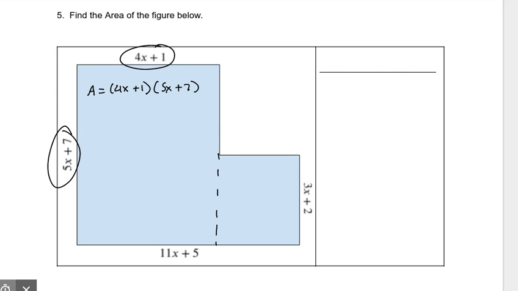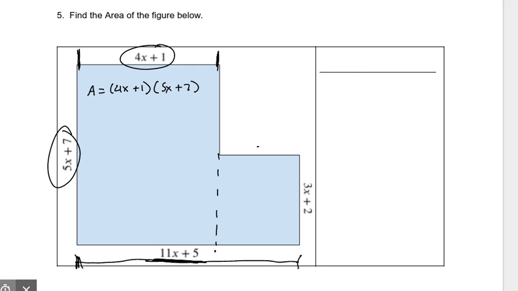The smaller rectangle that I made, I have one of the sides, but I'm unsure what that one is. So I'm actually going to have to do a little bit of subtraction here to figure out what that side is. For this particular side, I'm going to take this whole length, from here to here, which is 11x plus 5, and subtract this section of it that I know.